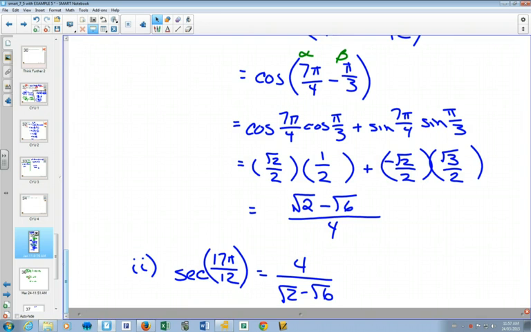About 4 or 5 years ago, this was the entire question, but they found too many people got stuck, didn't know where to start. But if you did get secant of 17 pi over 12, solve cos of 17 pi over 12 first, just like we did, and then whatever answer you get, flip it at the end.